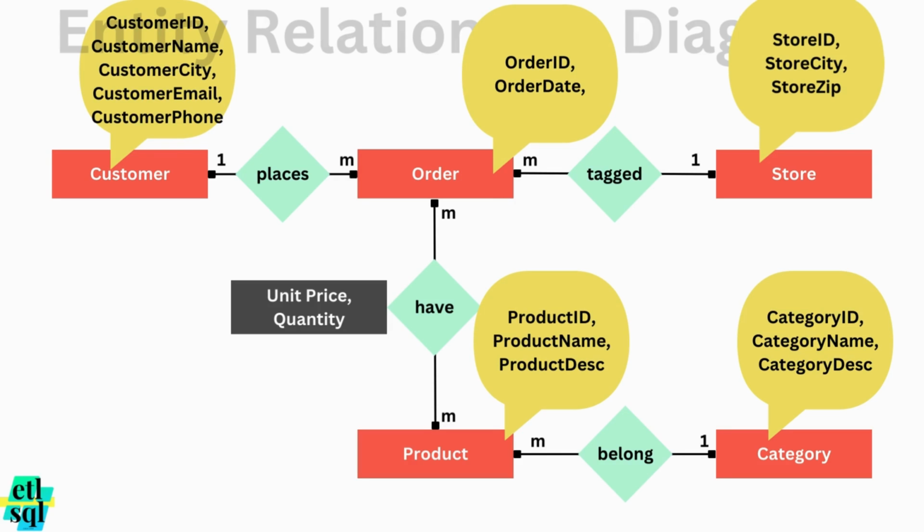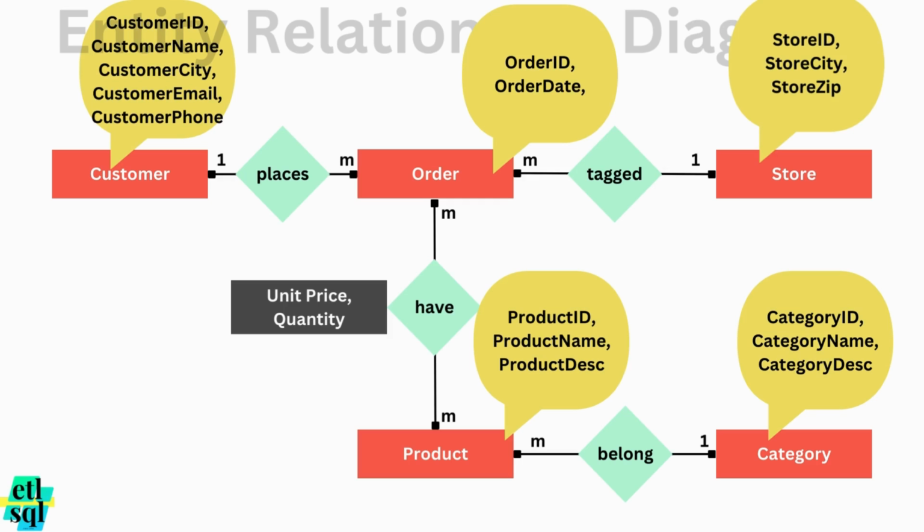But the next step of adding relationship and cardinality needs some caution. So let's talk about customer and order. A customer can place multiple orders. So there is a 1 to M relationship. An order can be tagged to one customer only. There is a many to one relationship.